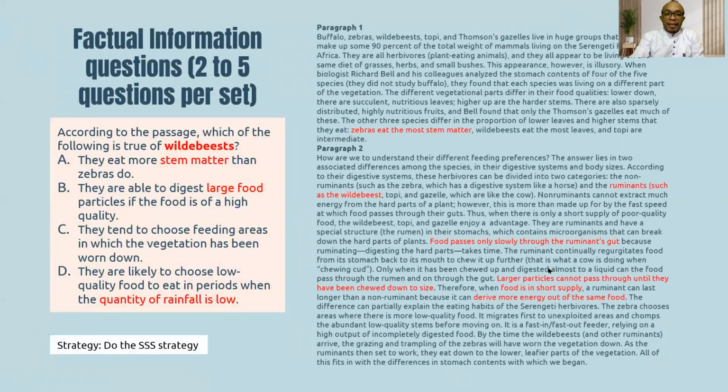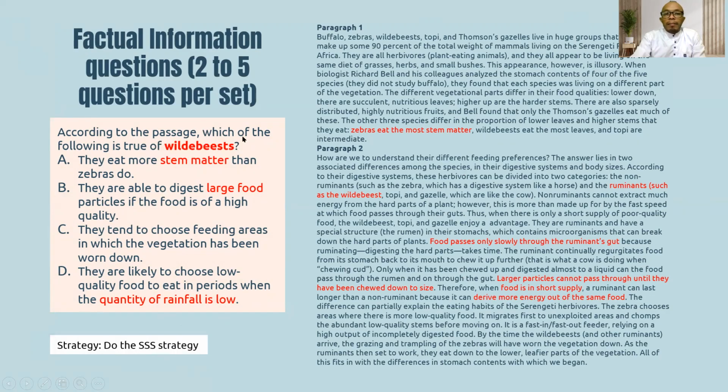For this question, as I told you, the strategy would be the triple S. And the first S is to select the keyword in the question to help you find the information you need in the passage. And here the keyword is wild beasts, right?